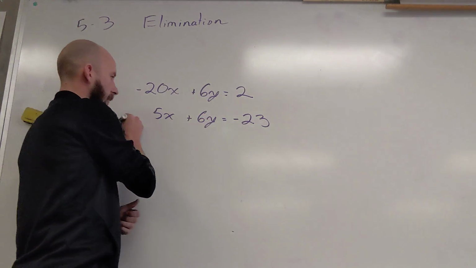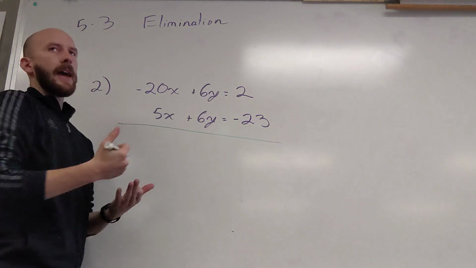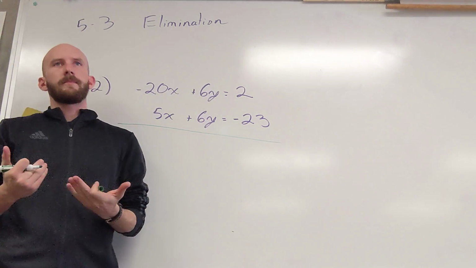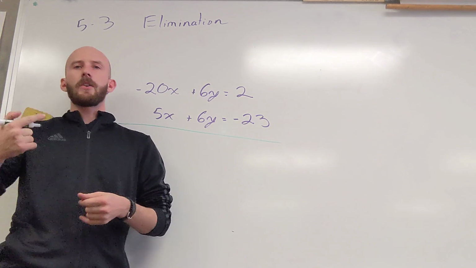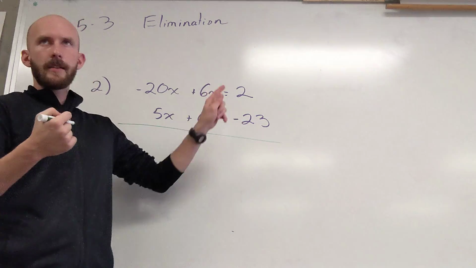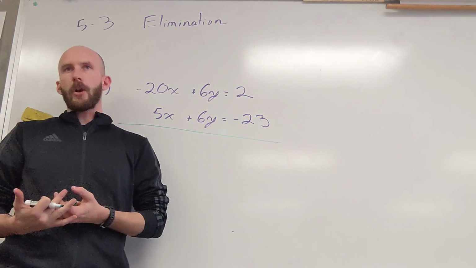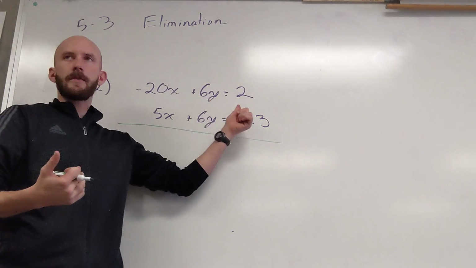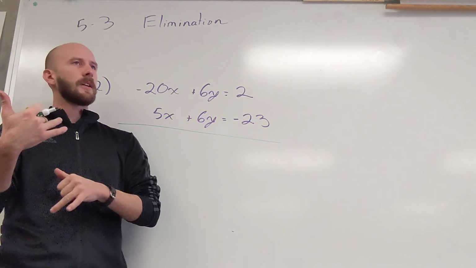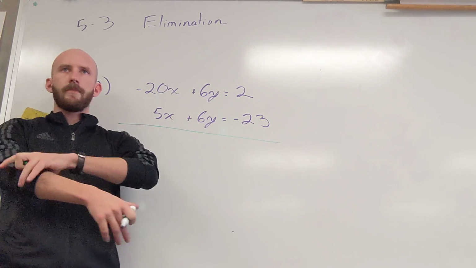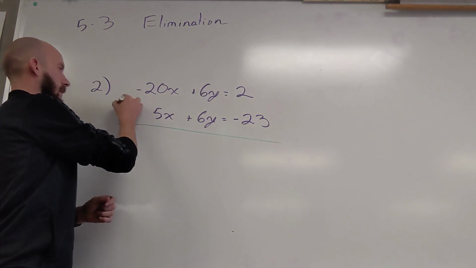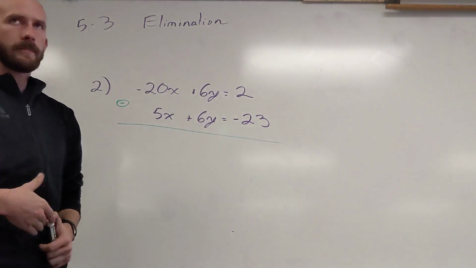Now, is adding those together going to do me any good? No, because it's just going to make 12y. So any time that you have the same signs, you need to subtract. Even if this was negative 6y and negative 6y, which for some reason tends to confuse people more, you would still need to subtract. So I'm going to put a minus sign out here.